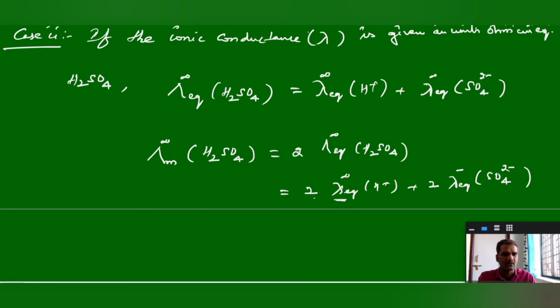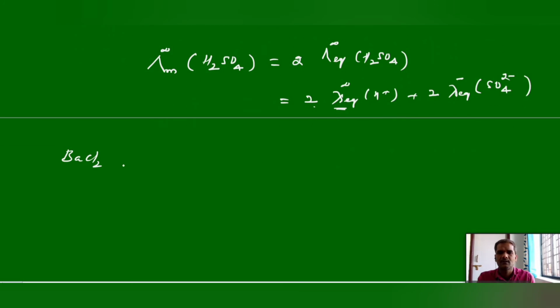Same, let us take barium chloride also, one more example. Again, ionic mobilities are given in terms of equivalents. Now, equivalent conductance of barium chloride at infinite dilution, if the ionic mobilities are given in terms of equivalents, there is no need to take the stoichiometric option, directly we take the equivalent of barium 2 plus, plus equivalent of Cl minus.